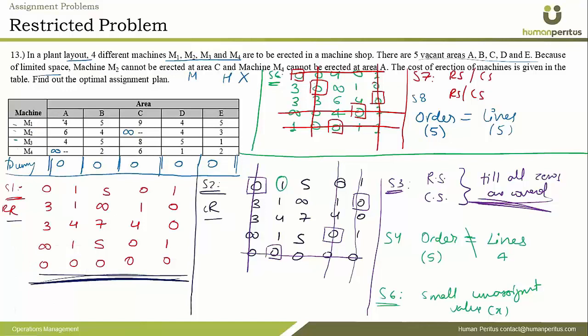Machine M1 will be assigned to area A. Machine M2 will be assigned to area B. As you can see, machine 2 cannot be assigned to area C, so it is a good thing that it will be assigned to area B. Machine 3 is assigned to area E. Sorry. Machine 4 is assigned to area D. And machine 5 is assigned to area C.